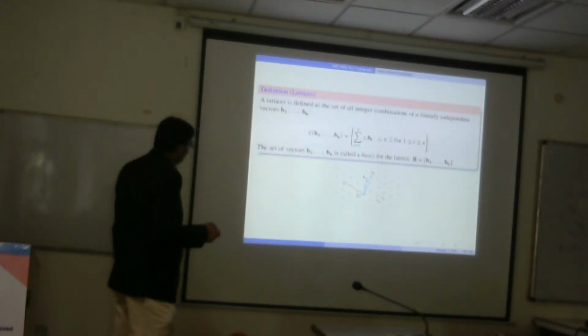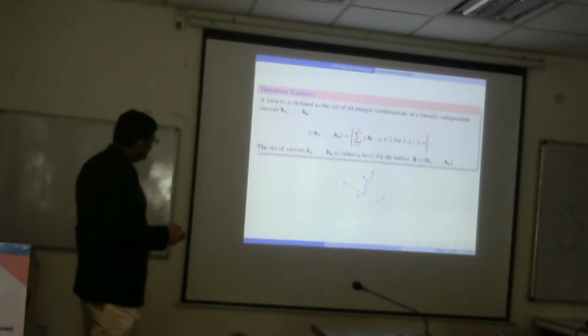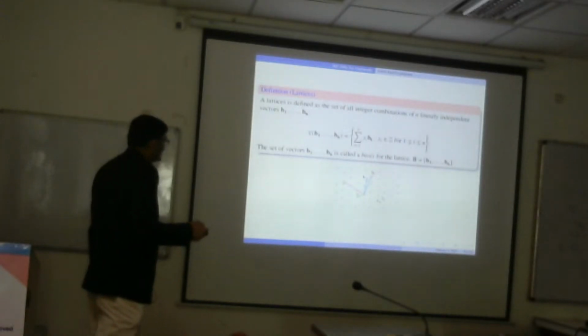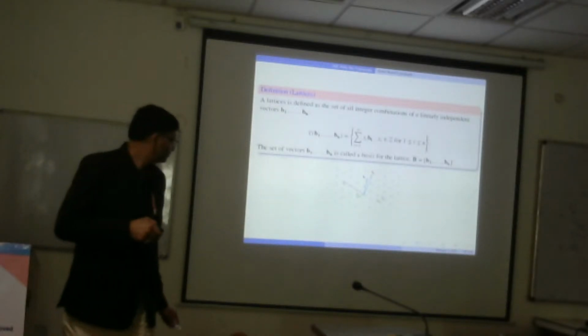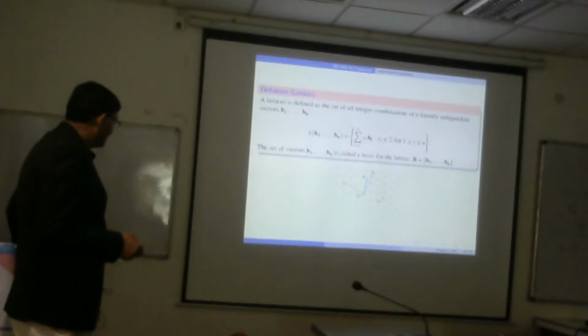So if B1 to Bn is a basis of this lattice, then it is a linear combination of n vectors, and the coefficients are from Z. Since the coefficients are from Z, it looks like this.